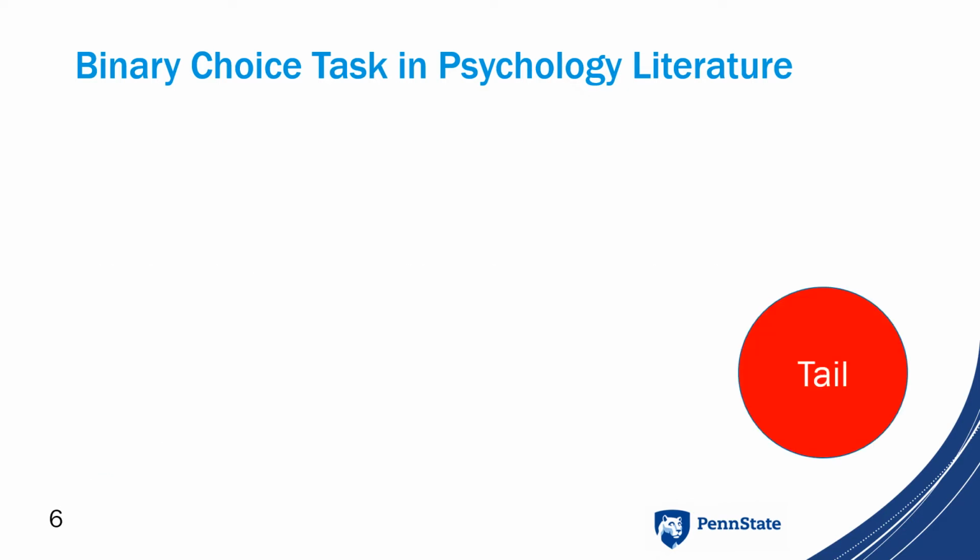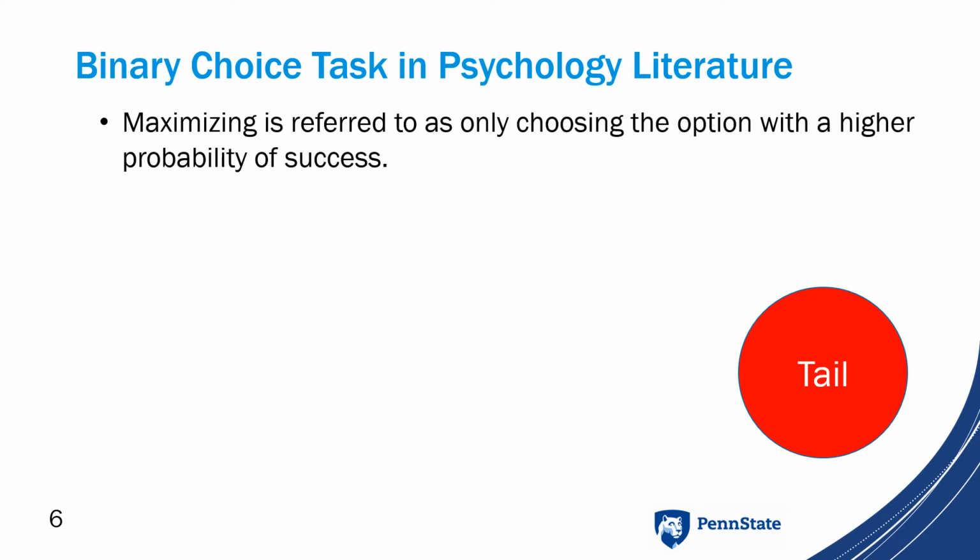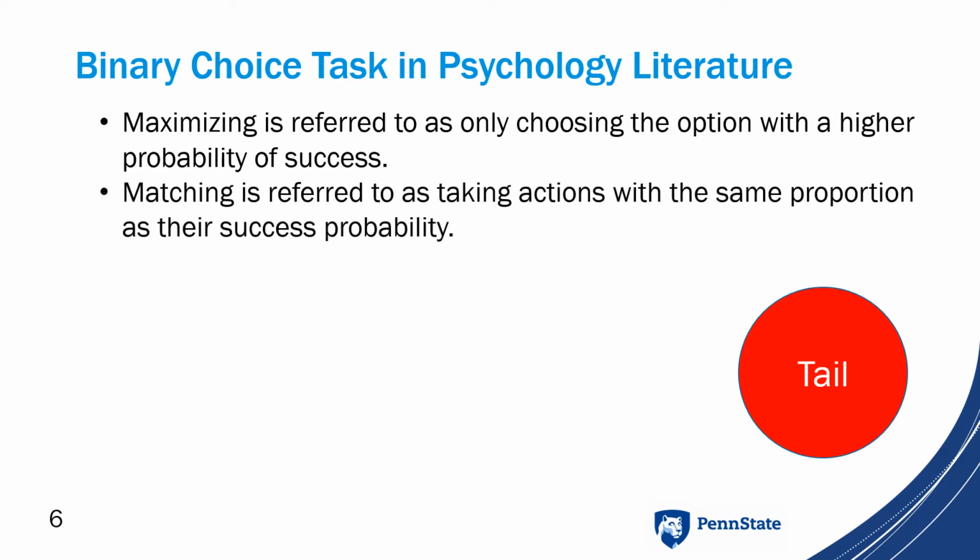Now let us elaborate more on what we meant by maximizing and matching. Maximizing is referred to as only choosing the option with a higher probability of success, whereas matching is referred to as taking the action with the same proportion as their probability of success.